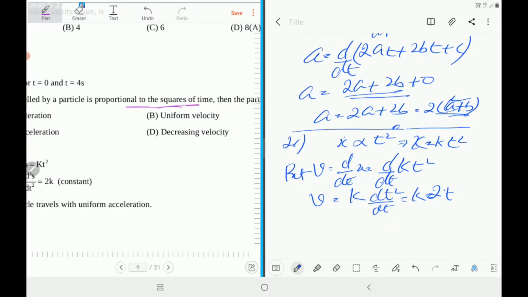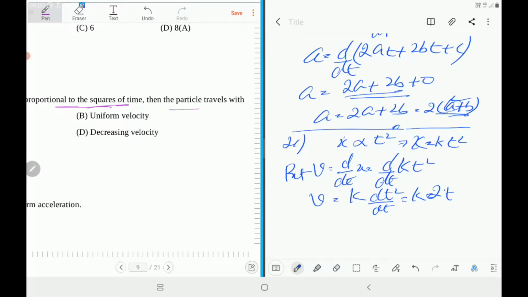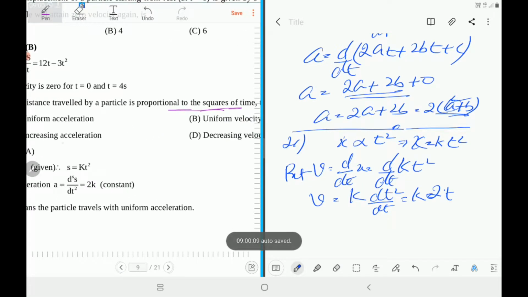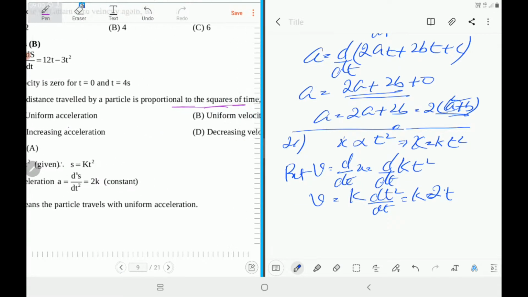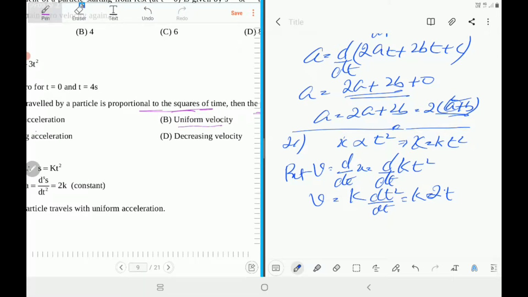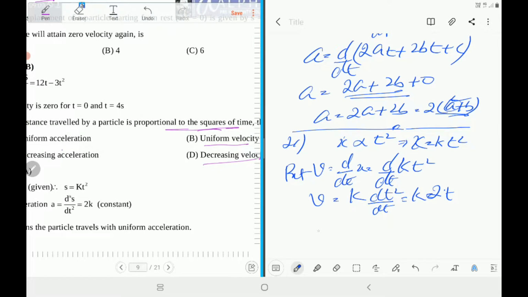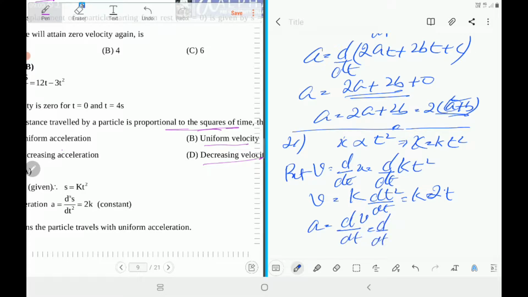But he wants you to find, then the particle travels with, look at the option, uniform acceleration, increasing acceleration, uniform velocity, and decreasing velocity. Now find acceleration also. What is acceleration? Derivative of velocity. What is derivative of velocity? K times 2t.